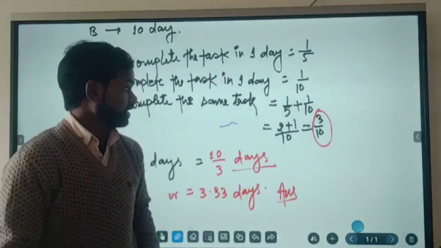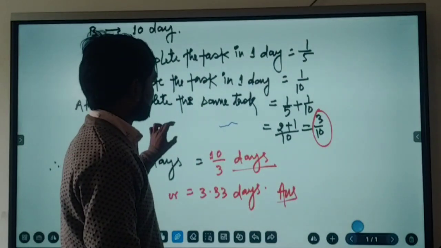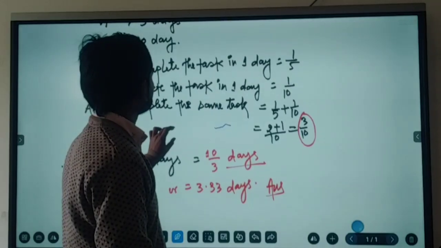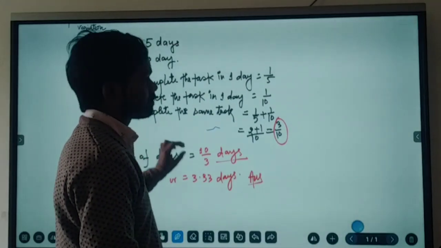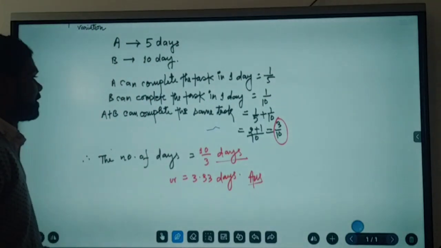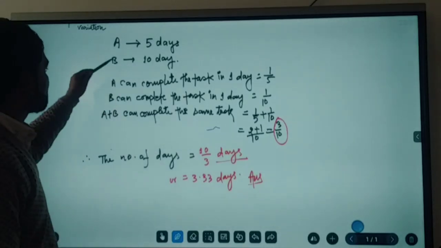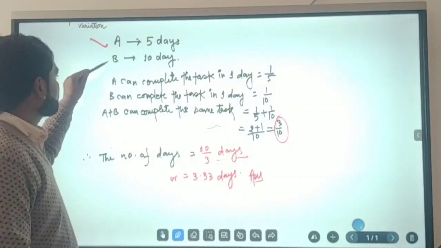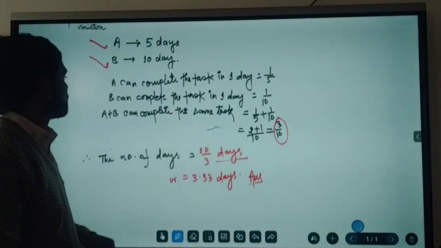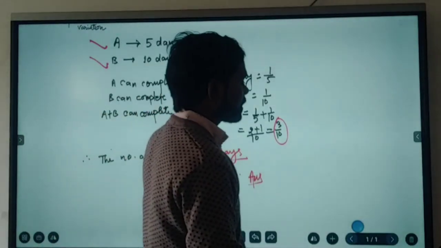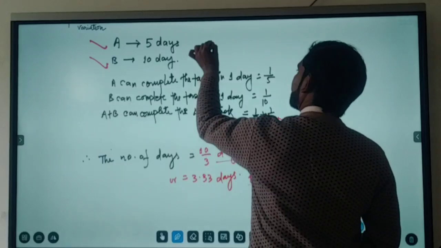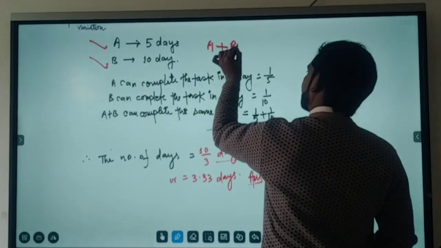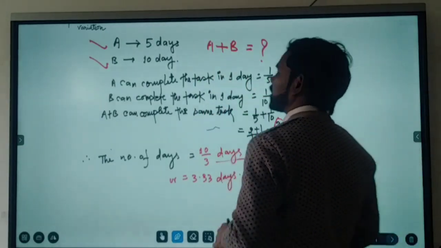So let's see again what we did. Here the question is: A can finish the job in 5 days and B can finish the job in 10 days. What time will be required when A and B do the same job simultaneously?